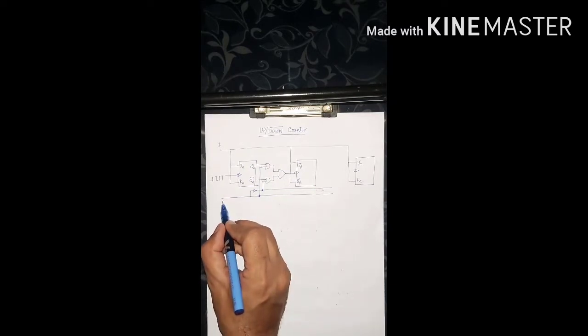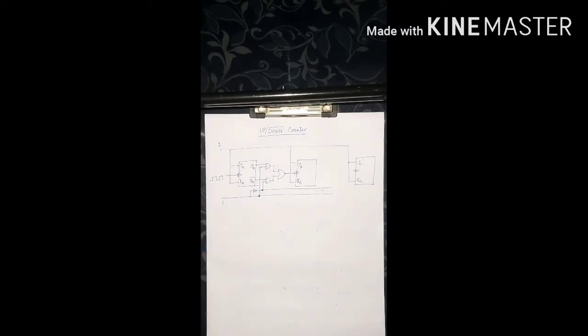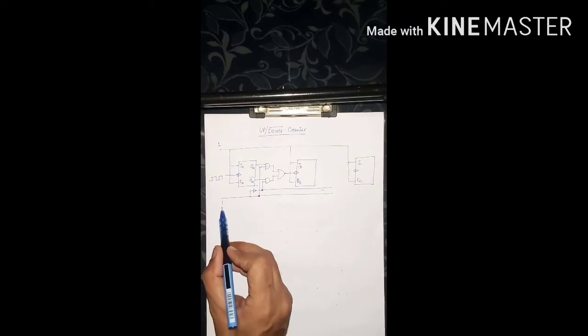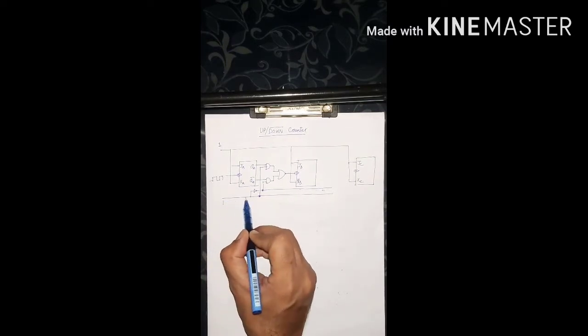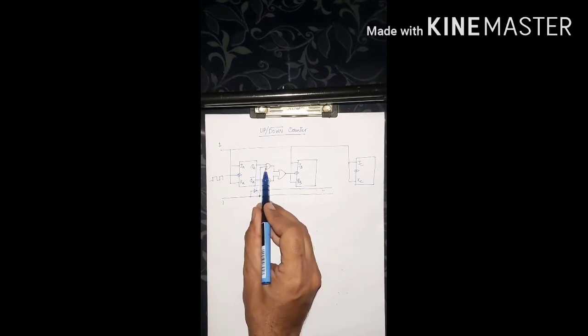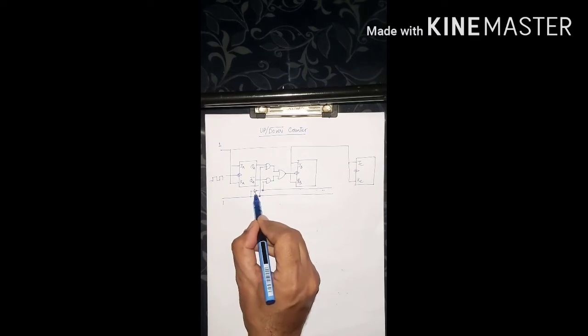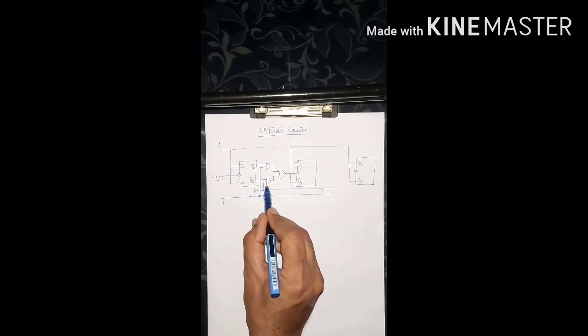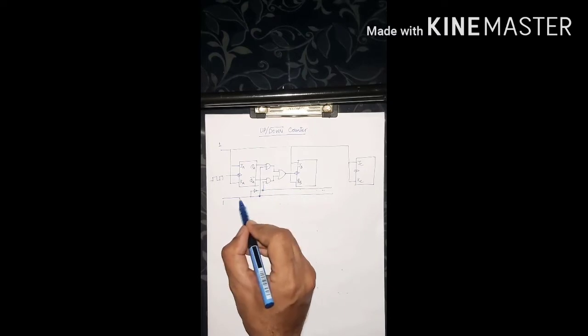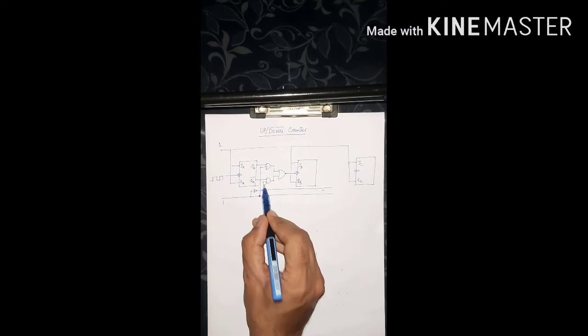If we provide a high signal here, let us suppose we provide 1 here, this 1 will travel to this AND gate, and this 1 will be negated and will be fed to this gate. So before reaching here, it will be negated and it will become 0.